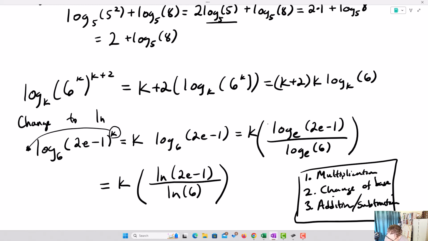One thing you have to remember, though, is that if you go in and you multiply by, say, for example, in this case, k, and then you go change of base, that k is actually being multiplied by both the top and the bottom in the change of base, because you're actually multiplying that by the entire logarithm, log base 6 of 2e minus 1.